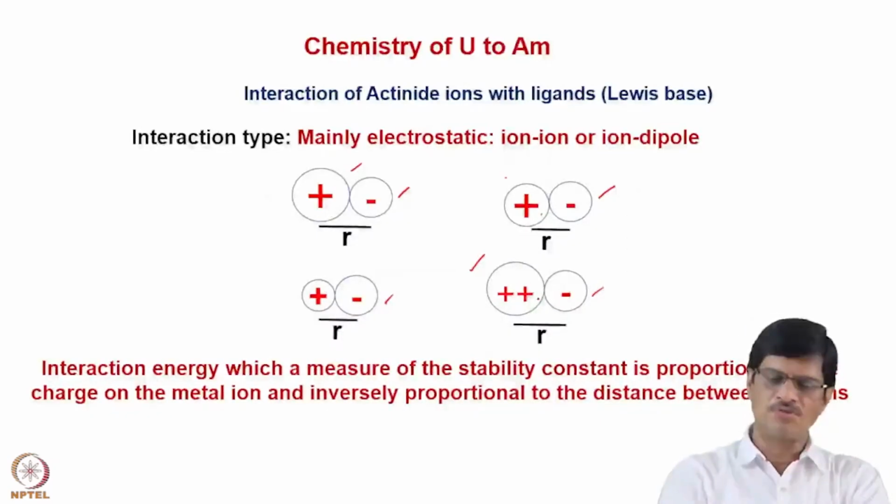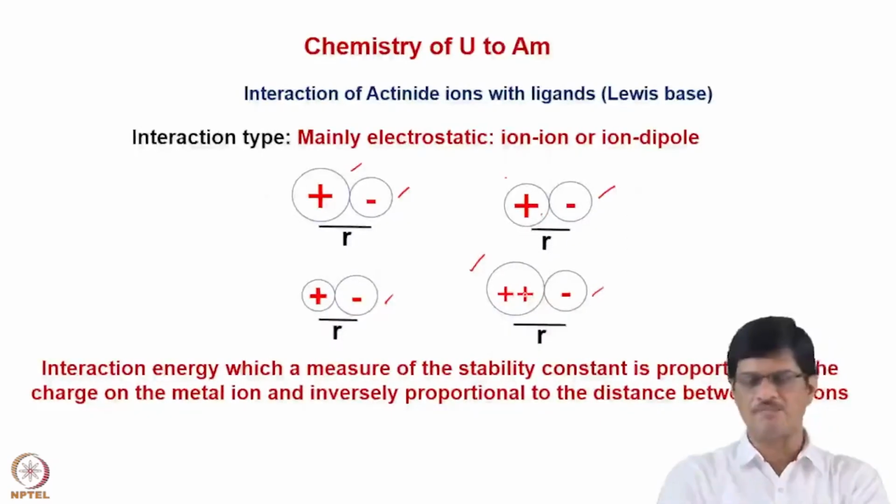And in the fourth case, we have the doubly charged metal ion, which has a bigger size than that of the donor group of the ligand. As you can see, the distance between the metal ion and the ligating ion varies depending on the size of the metal ion. So, as I have mentioned, the stability of the metal complexes will depend not only on the charge but also on the distance between the ions.